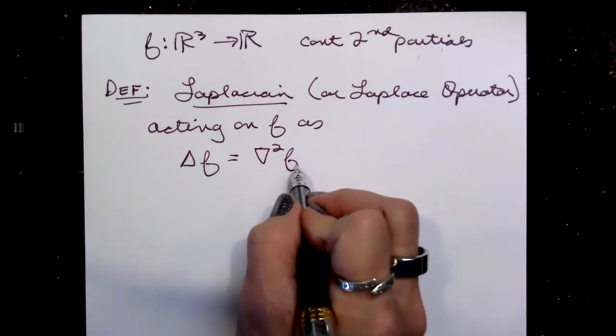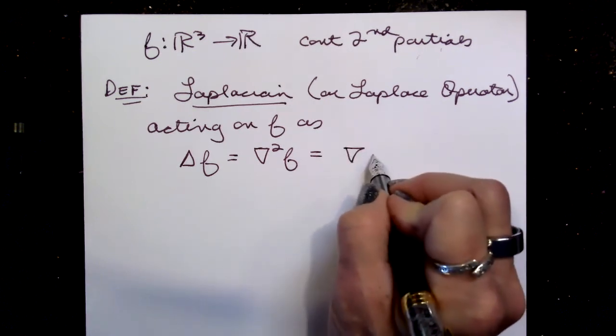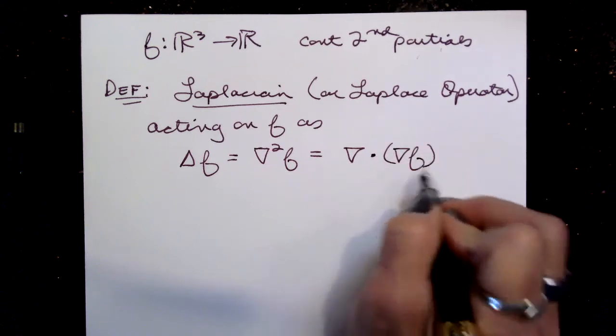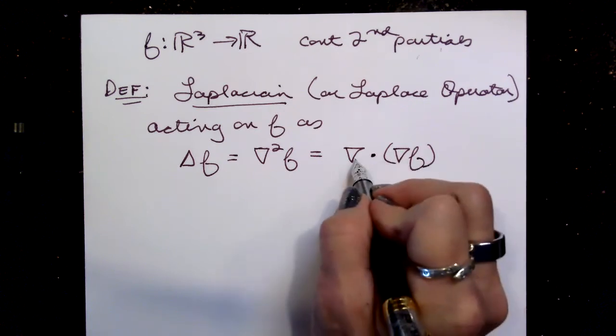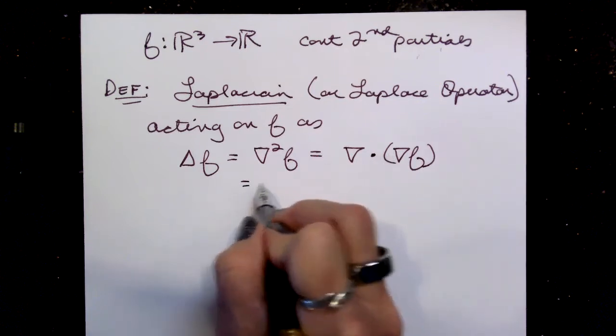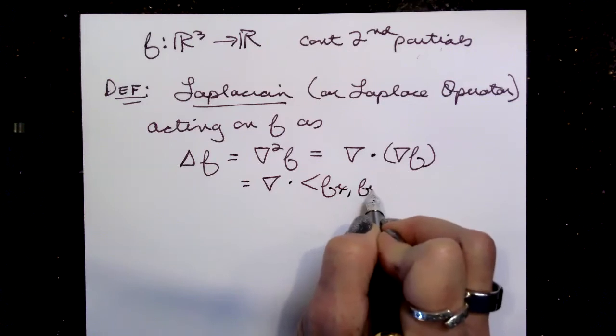In a way, this is a bit more informative because the definition is you take the dot product of the gradient with the gradient of the scalar function. So you take the gradient of the scalar function and you dot it with the grad vector. So what does that mean? This is take the dot product of fx, fy, fz.